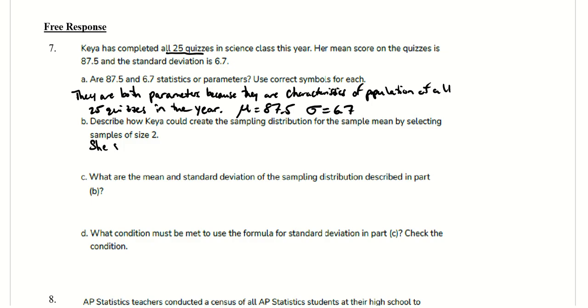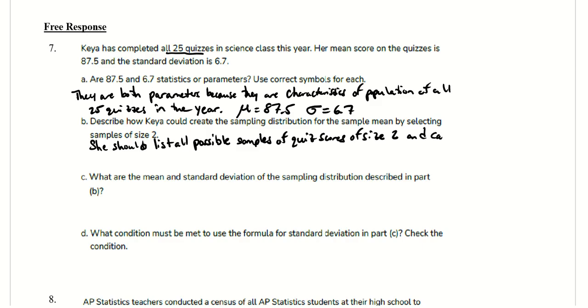So she should list all possible samples of quiz scores of size 2 and calculate the sample mean, or the mean of each sample, I guess you could say.